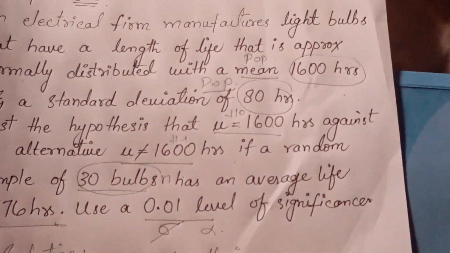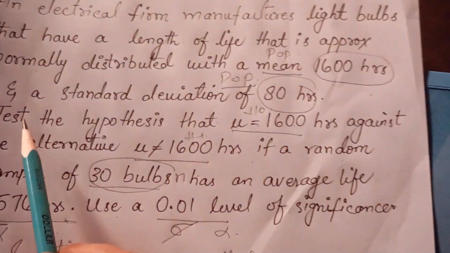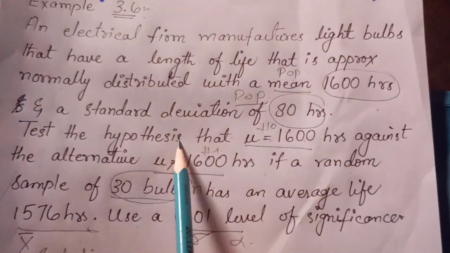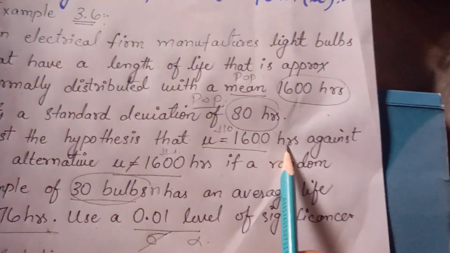In the question, how do we find what is the null hypothesis and what is the alternative? Here we have a line statement: test the hypothesis that mu is equal to 1600 hours.